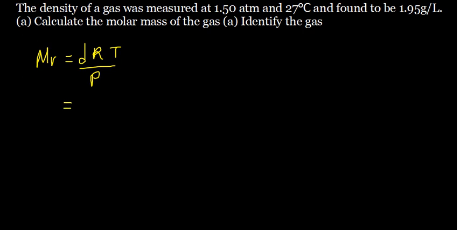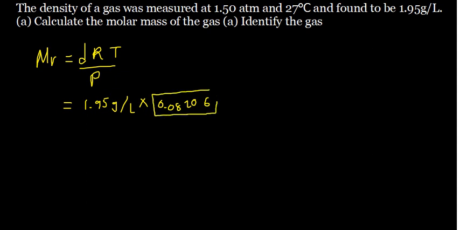So the density here is 1.95 grams per liter multiplied by the universal gas constant, that is 0.08206, depending on the units of pressure, temperature, and volume that we have.